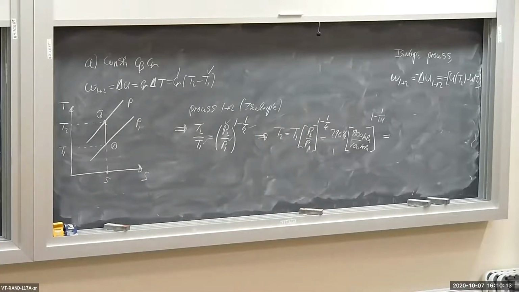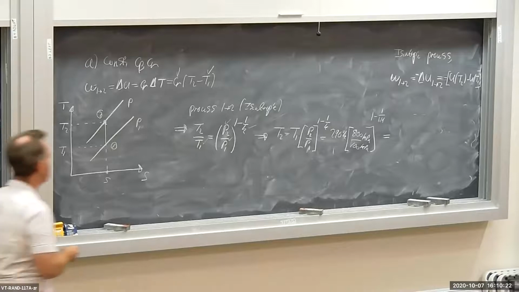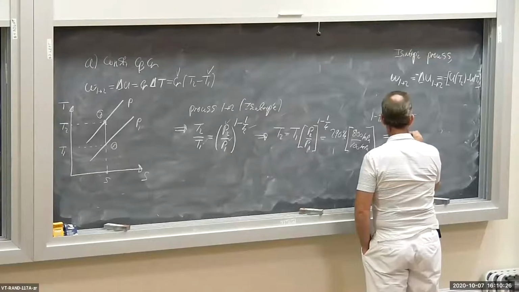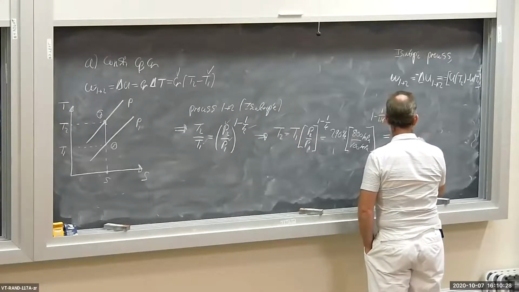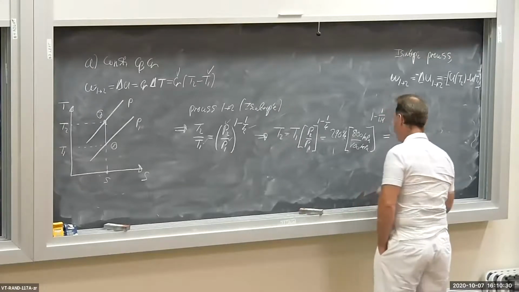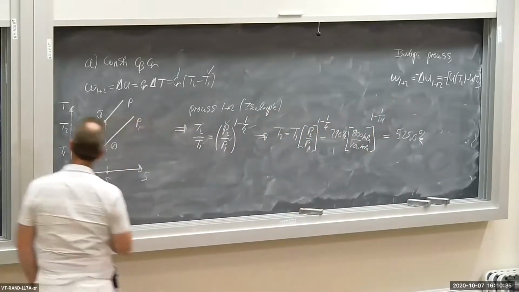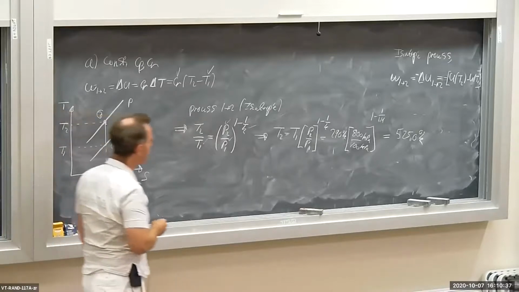So what's T2? T2 is equal to 525 degrees Kelvin. Great, so I know temperature T2 now for this isentropic process.